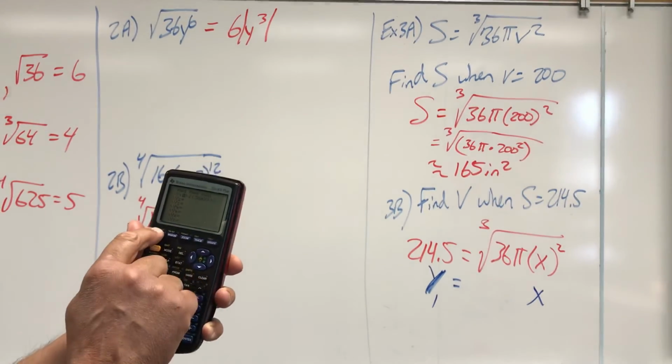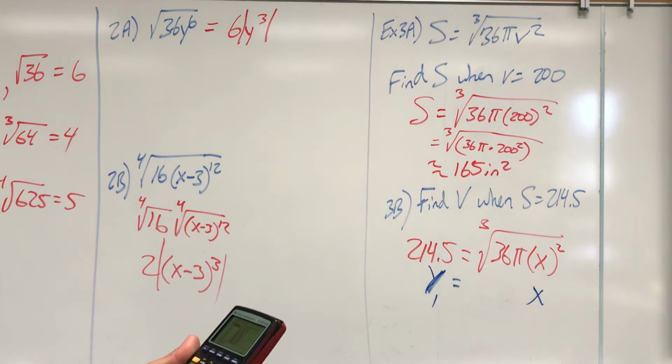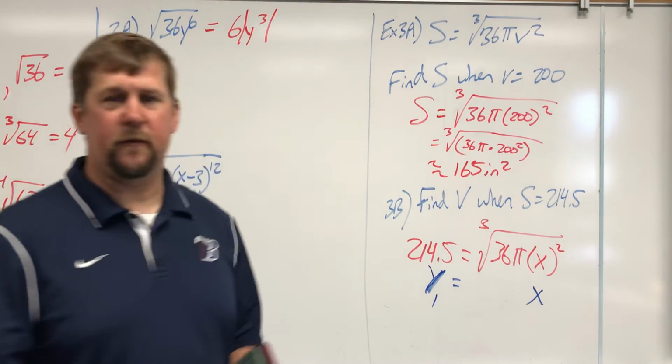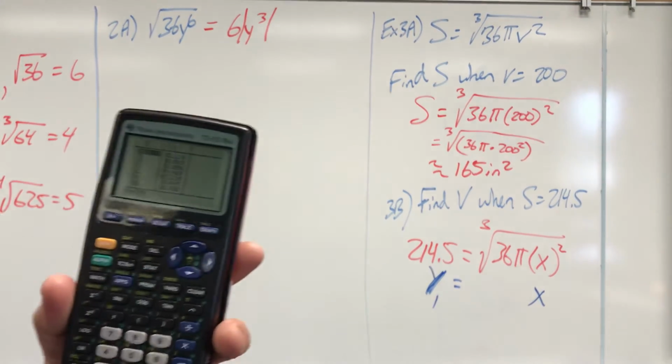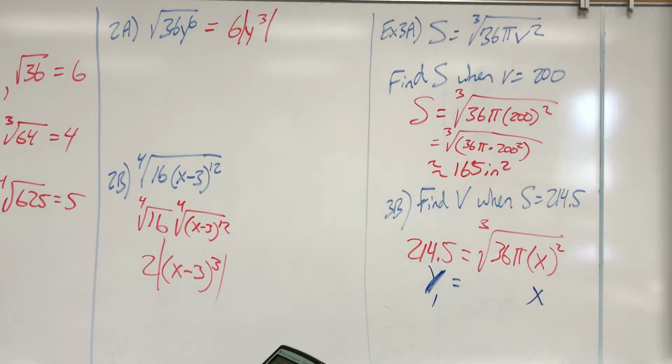Now I'm going to go to the table, and I am going to look for when y is approximately 214.5. So I'm looking here right now, I'm at y is at about 86. So instead of starting my table at 70, let's start it at 150.